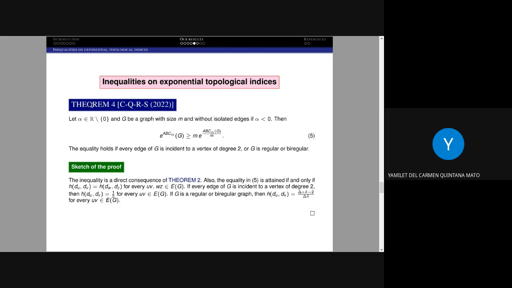Theorem 4 shows another inequality associated to the ABC alpha index of the graph. In this case, we need theorem 2. In fact, this result is a direct consequence of theorem 2.